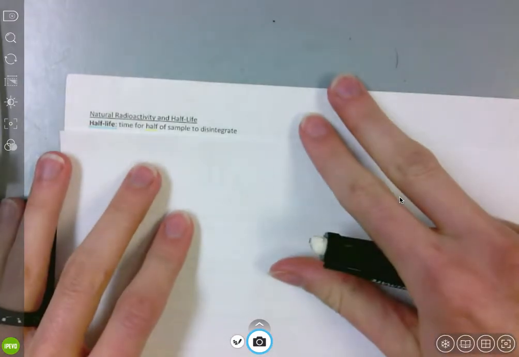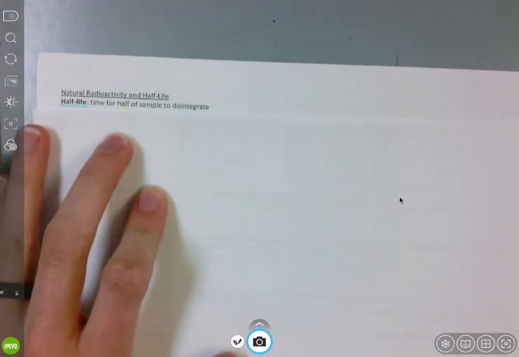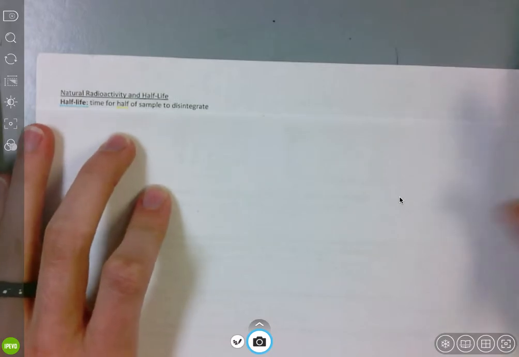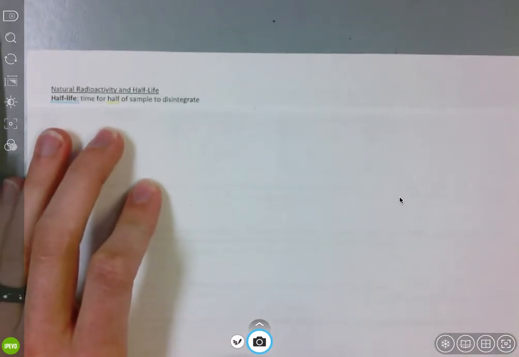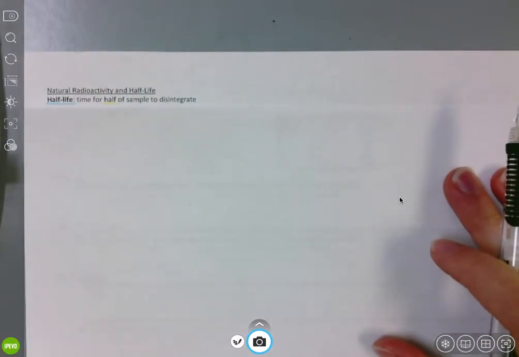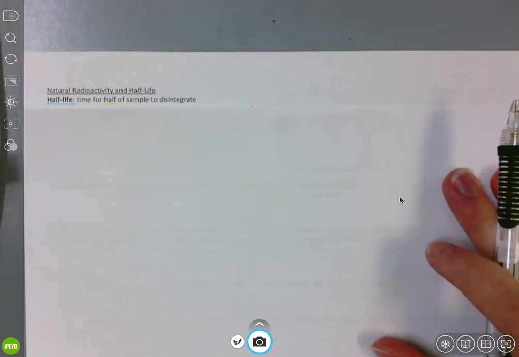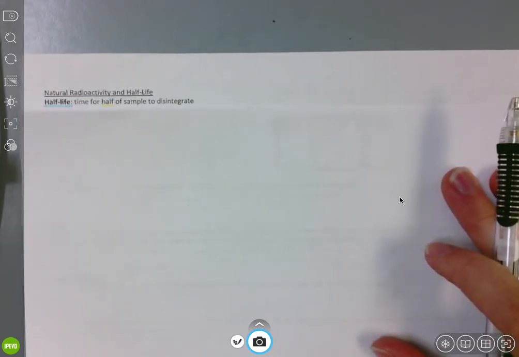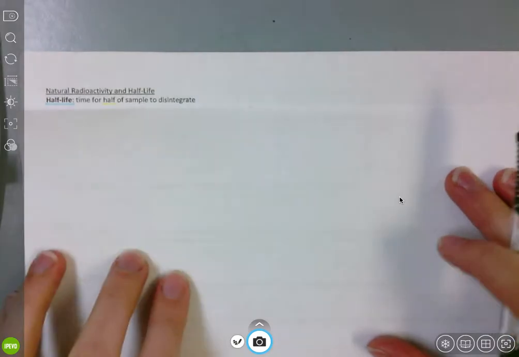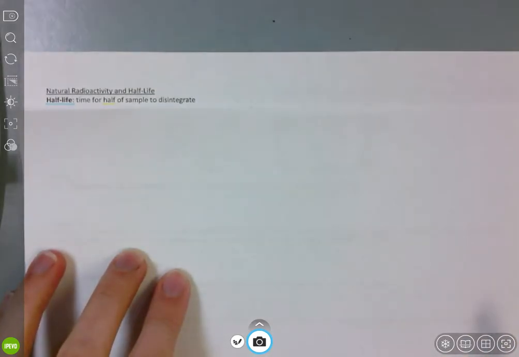All right. The next thing we are talking about is natural radioactivity and half-life. Every element has a half-life. Every element is relatively unstable. Some are very, very unstable, and others are very, very stable.